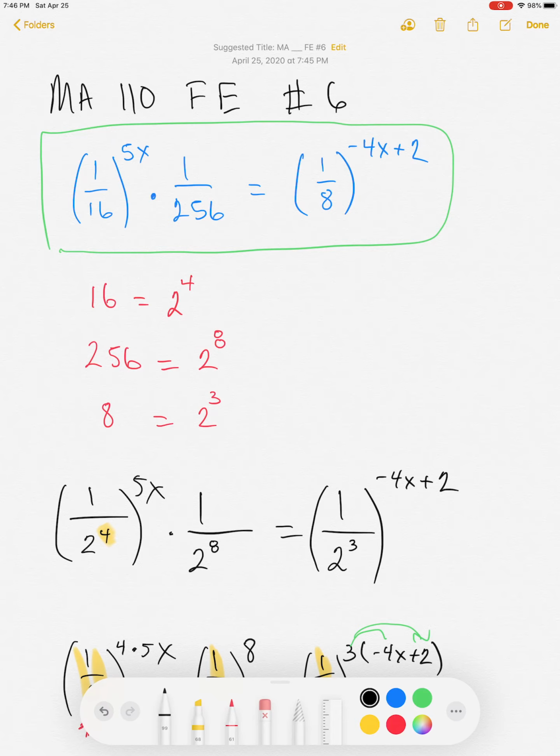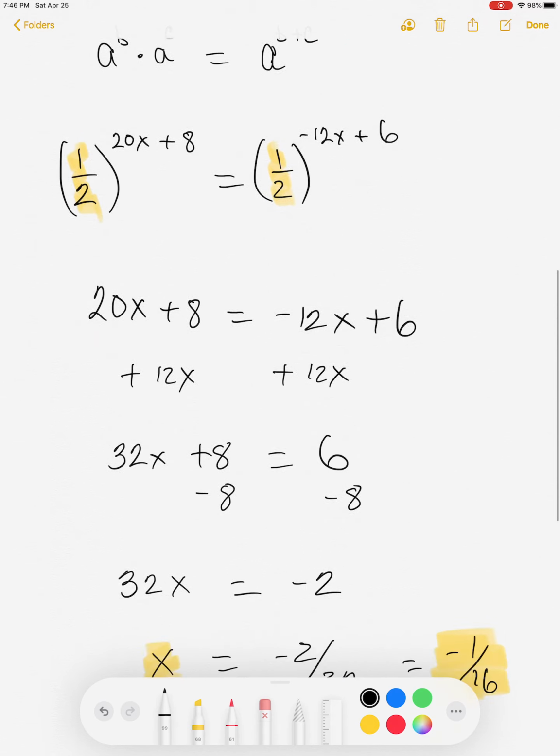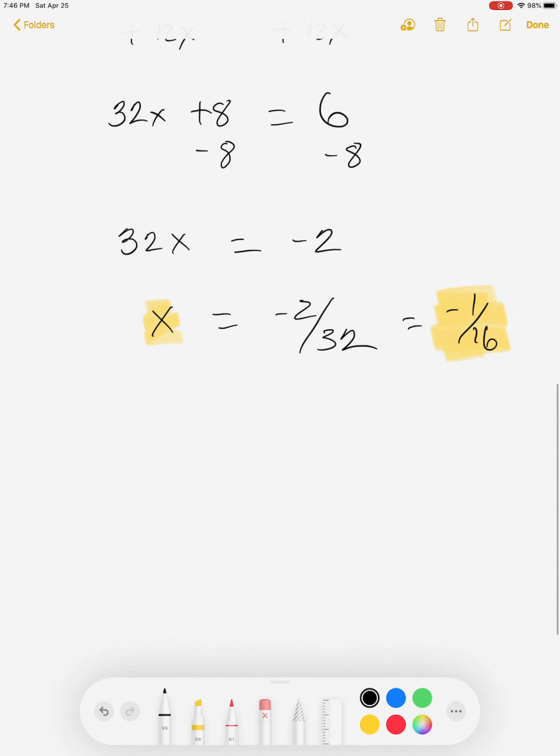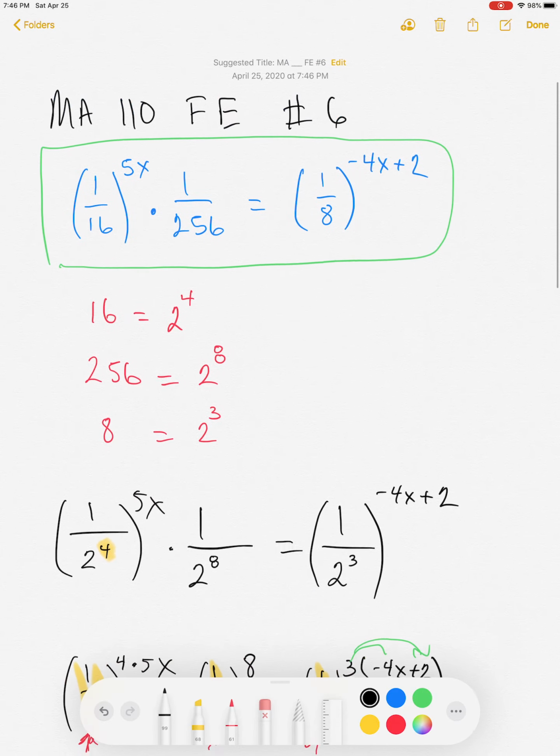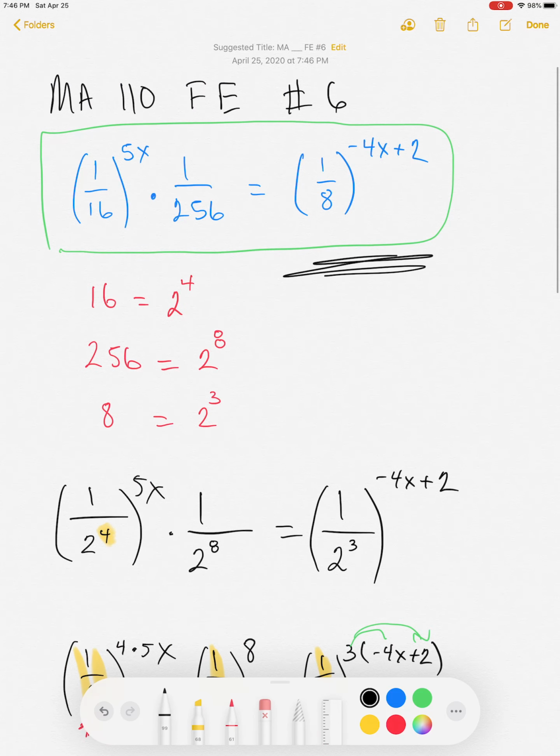So 1 over 16 raised to the 5 times x times 1 over 256. And that tells me that the left-hand side is equal to 0.00929. And then I'm going to do the same thing for the right-hand side and see if I get the same.